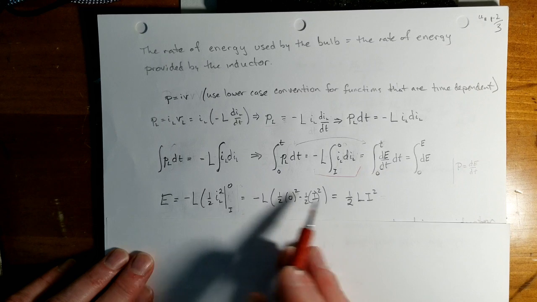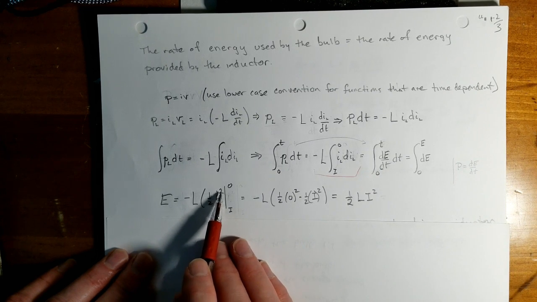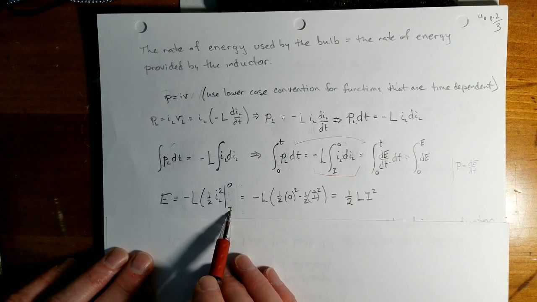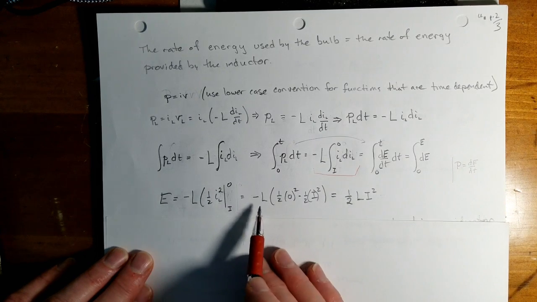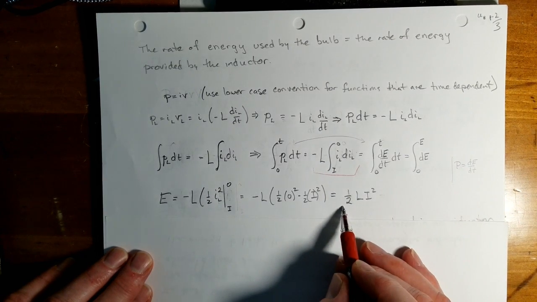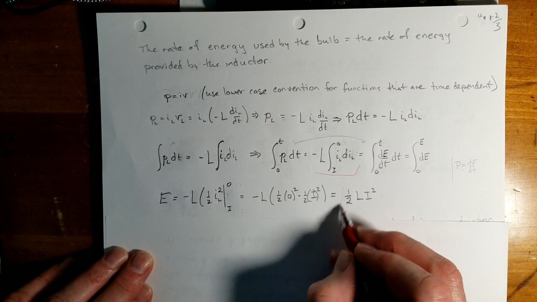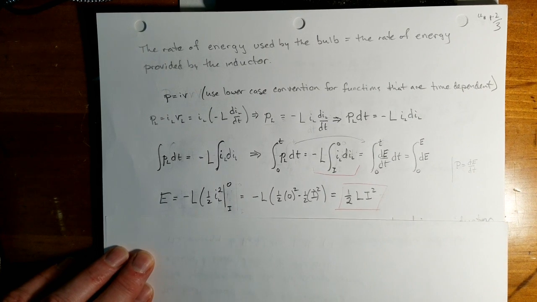And integrating, we get 1/2 I sub L squared from I to 0. Plugging in, we end up with 1/2 L I squared. That is the energy stored in the inductor, and therefore that is the energy that is fed to the bulb.